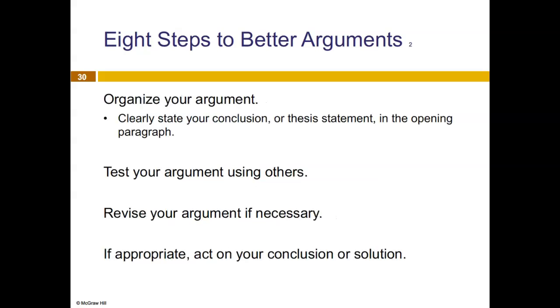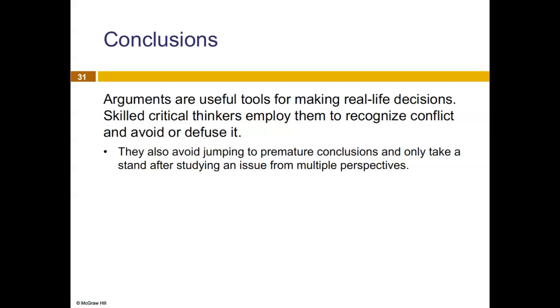Organize your argument, test your argument using others, revise your argument if necessary, and if appropriate, act on your conclusion or solution. Arguments are useful tools for making real life decisions. Skilled critical thinkers employ them to recognize conflict and/or diffuse it. They also avoid jumping to premature conclusions and only take a stand after studying an issue from multiple perspectives.